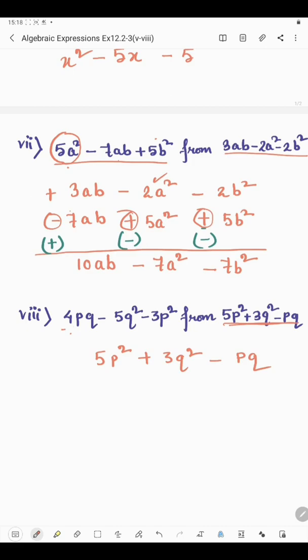Now 4pq should be written below the pq term, and since in front of 4 no sign is present, it will be plus. Now we have the q square term, so below this we will have to write minus 5q square, and then the p square term, so we will have to write minus 3p square below 5p square.